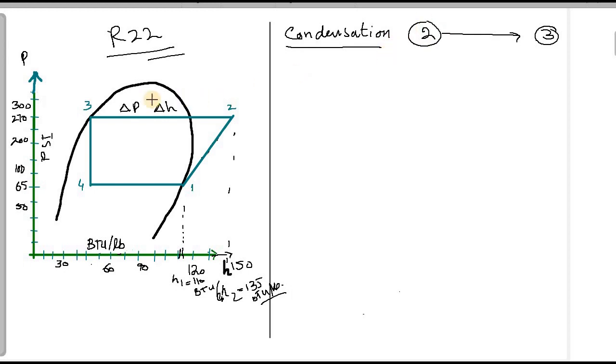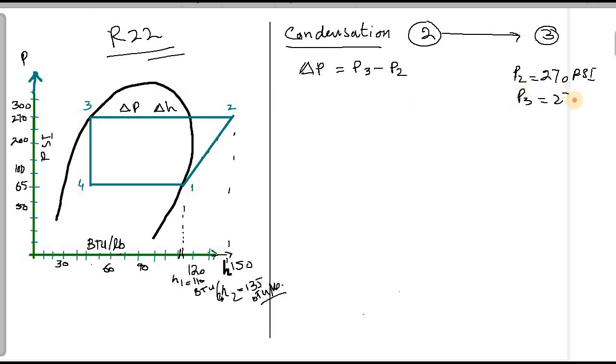Cleared? First we will define the delta P, which means the change in pressure during this process. So delta P will be equal to the pressure P3 minus pressure P2, or pressure P2 minus pressure P3. This is the same. The corresponding pressure for point 2 is 270, so P2 is equal to 270 psi, while P3 is equal to 270 psi.